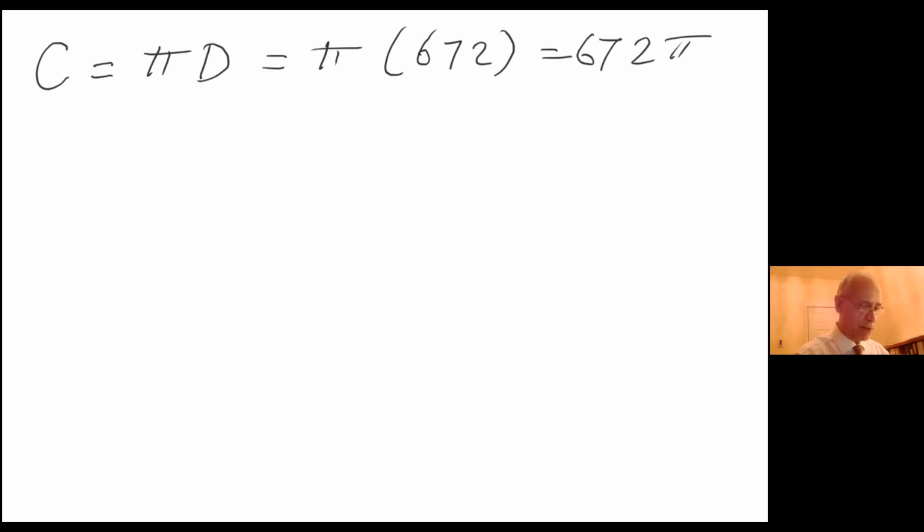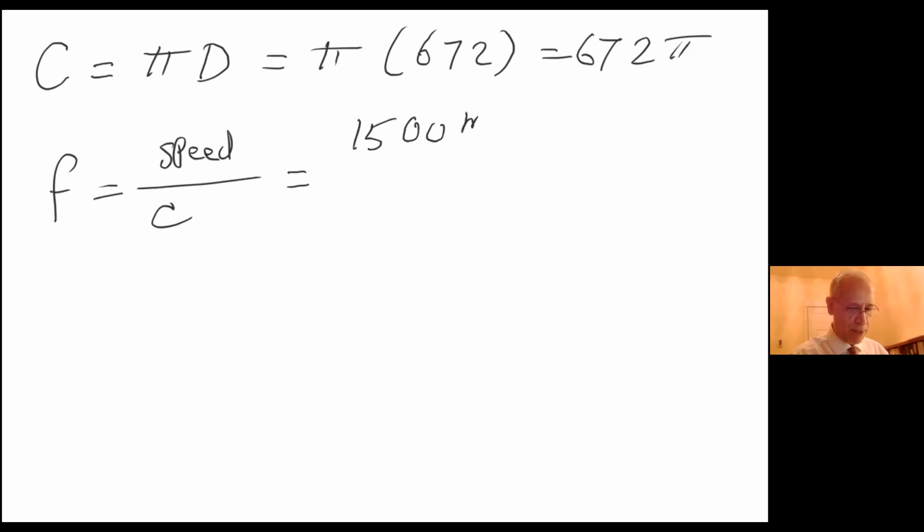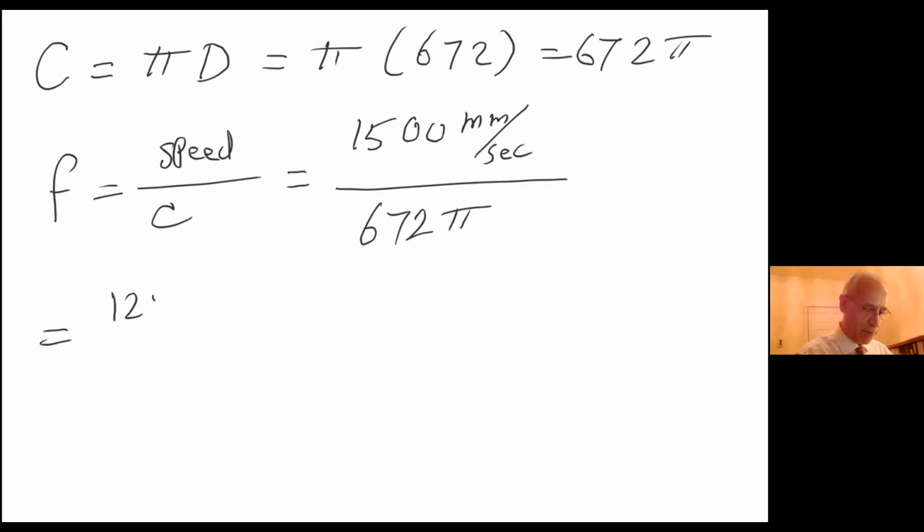And I remember that frequency equals the speed of the bike divided by the circumference. The speed of the bike was 1500 millimeters per second over 672 pi. And if I simplify that, I get 125 over 56 pi.